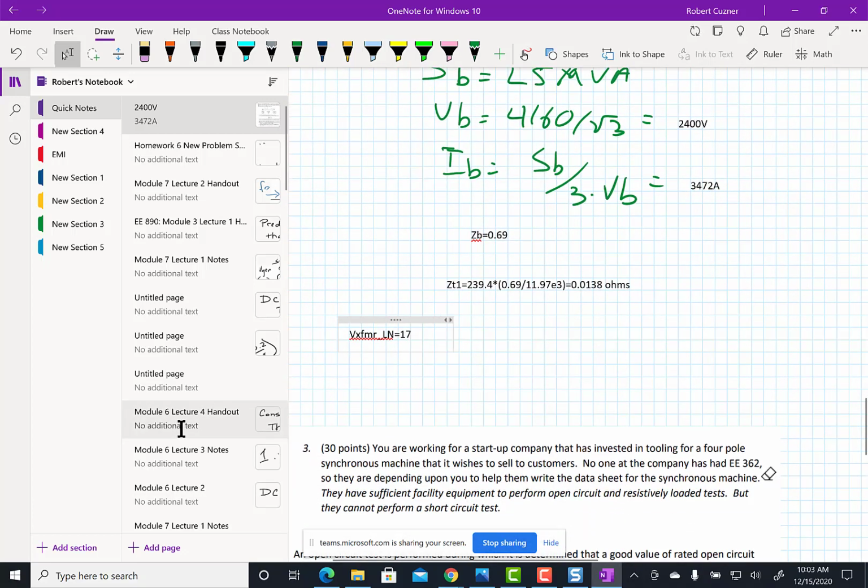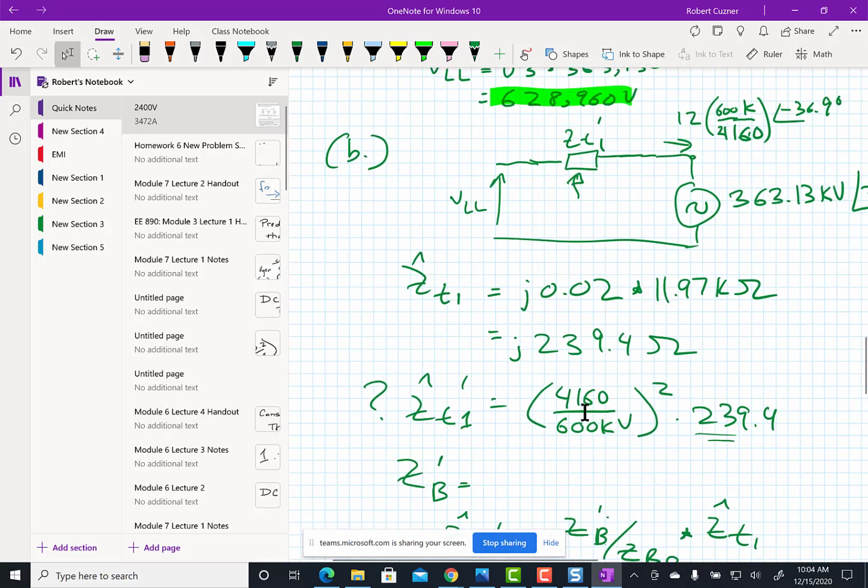So I have 1730 amperes, at an angle of negative 36.9, times 0.0138, at J90, plus the voltage, which was 360.